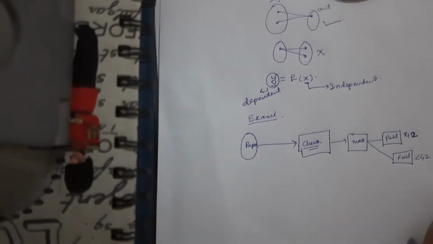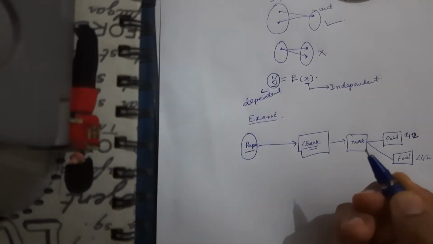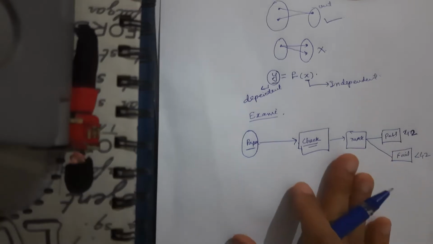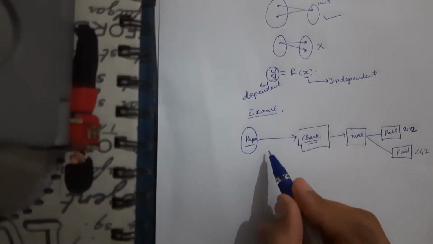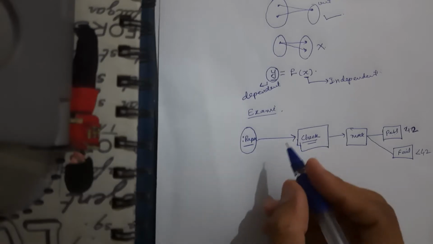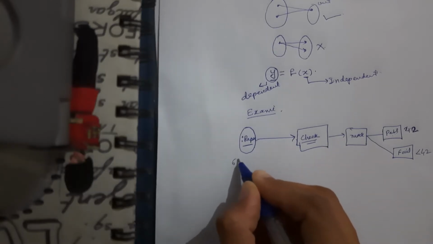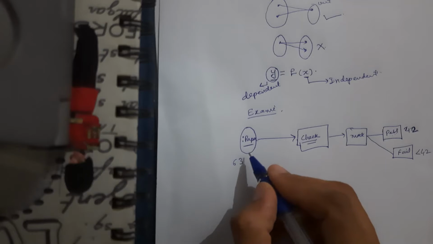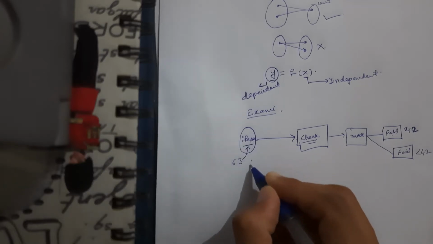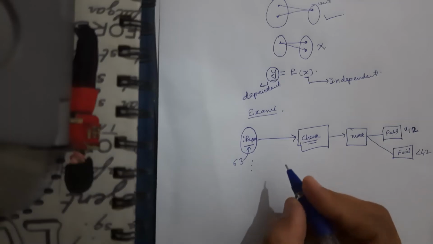So this is a function again. Your paper is the input and pass or fail is your output. In this, suppose we have 63 students in our class, so all these 63 papers are distinct values of x, distinct values of input.